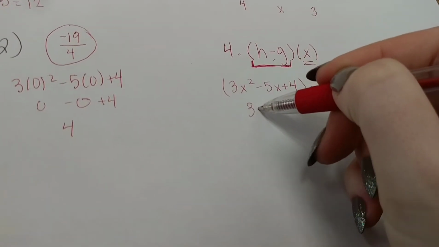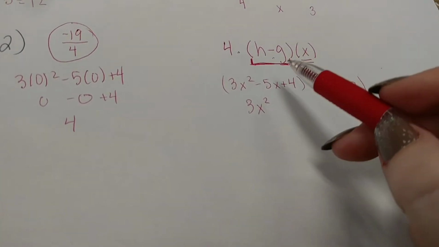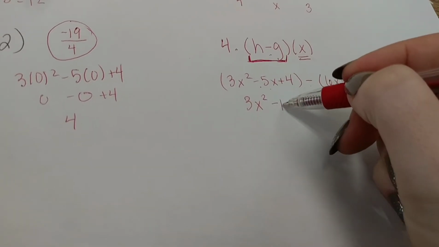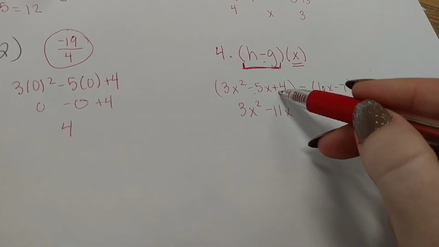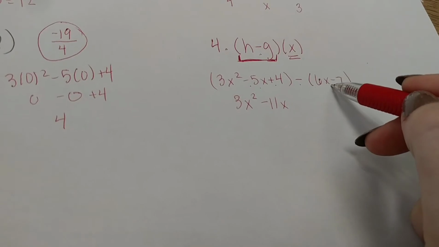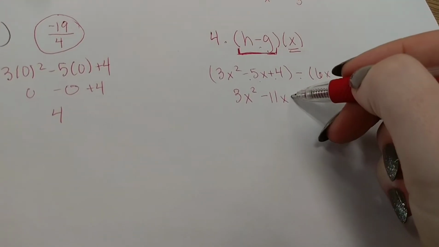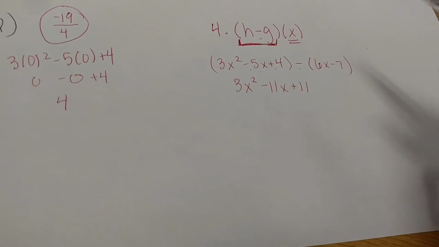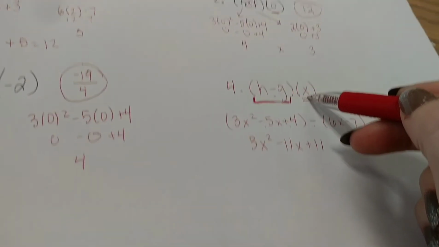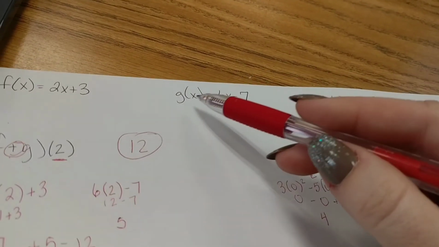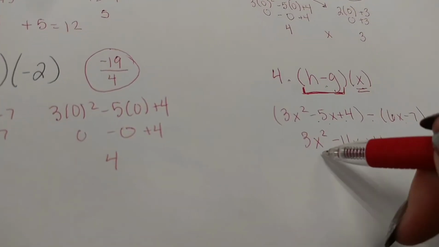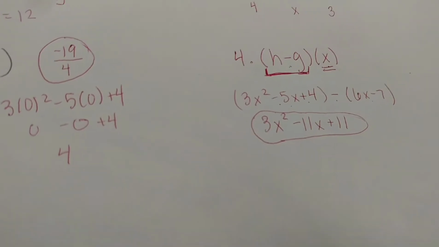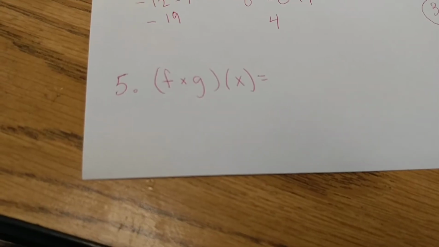Nothing matches that 3x squared, so we're just going to bring it down. Negative 5x minus 6x is negative 11x. And then 4 minus negative 7, which turns into adding, so that would be a positive 11. Now that we've got the math done, you ask yourself, is what's in parentheses the same as what this problem has in parentheses? Yes, since it is, that's your solution. There's no further substitution that needs to be done.